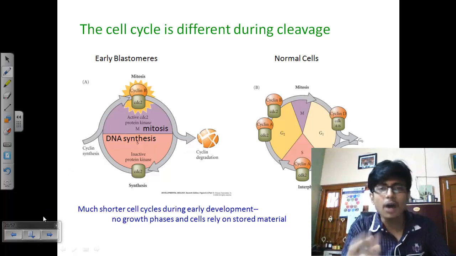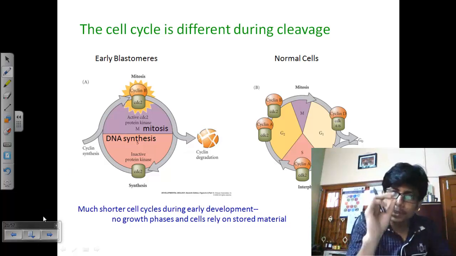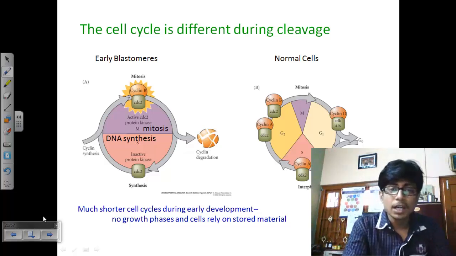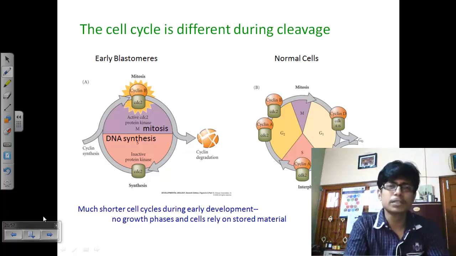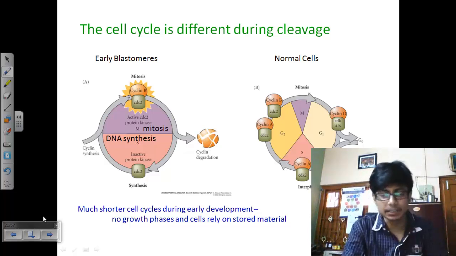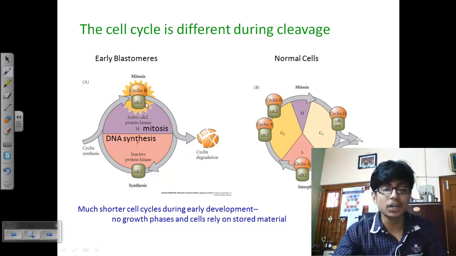Now the question is how a cell divides so fast, because once it becomes an adult cell, we'll see that the cell division time is not that fast, but how could a cell divide that fast during the process of morulation and cleavage? The answer to this question is that during that stage of blastula formation and morula formation, the cells divide fast because they have only two different stages.